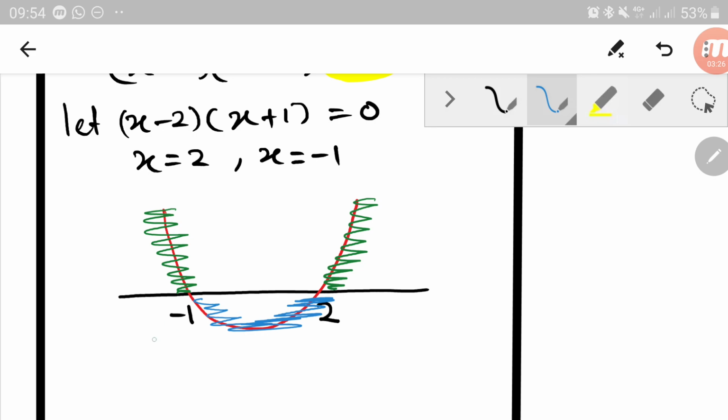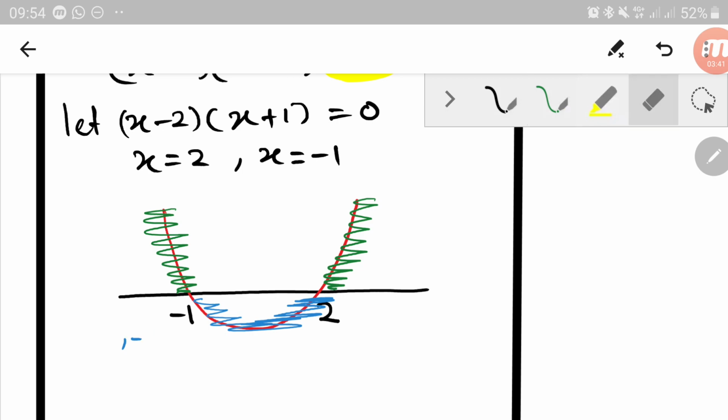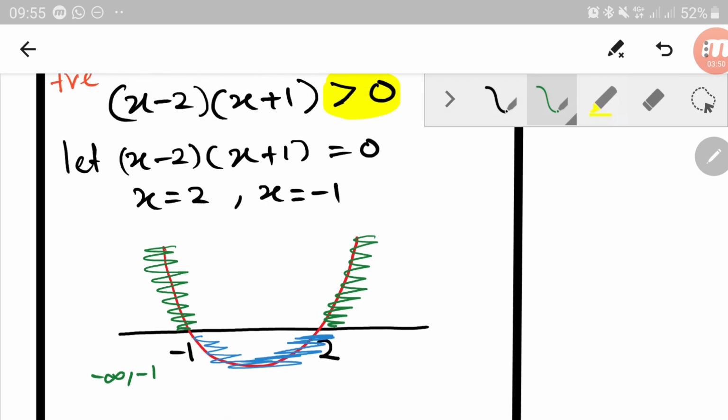The interval for the green color is from minus infinity up until minus 1. It's blue, later you get confused. Since it's greater than 0, with no equal sign, it's an open bracket, and over here also an open bracket.